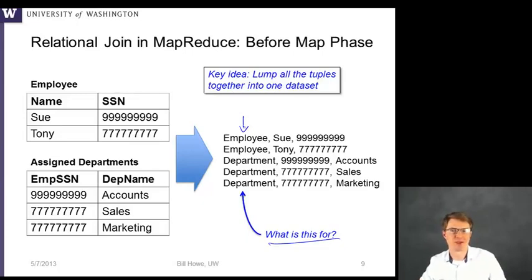Now, I'm not being specific about where you get this label or how you do it in MapReduce, but I want you to think logically that it's necessary. And in practice, it's not that difficult. For example, you have distributed files from one directory representing all the employee chunks, and distributed files in another directory representing the assigned departments chunks.